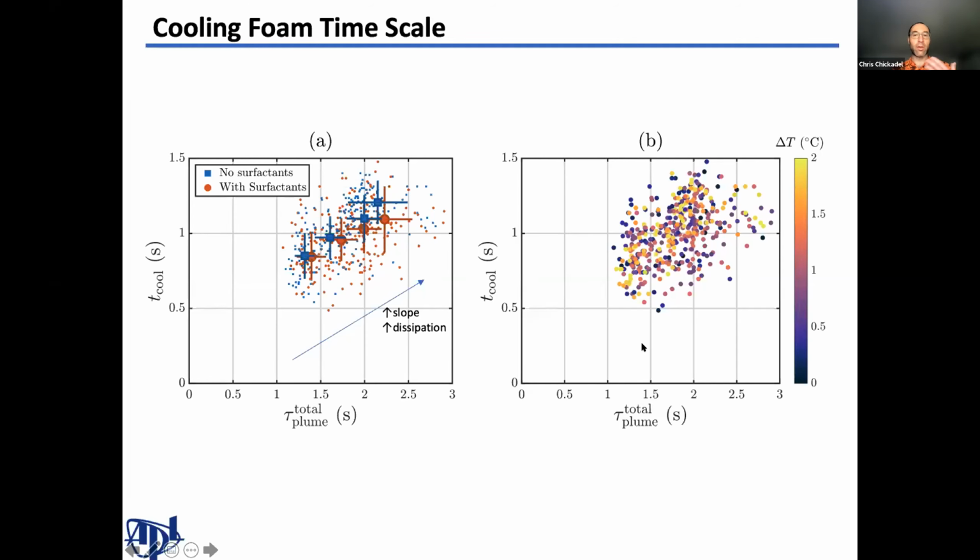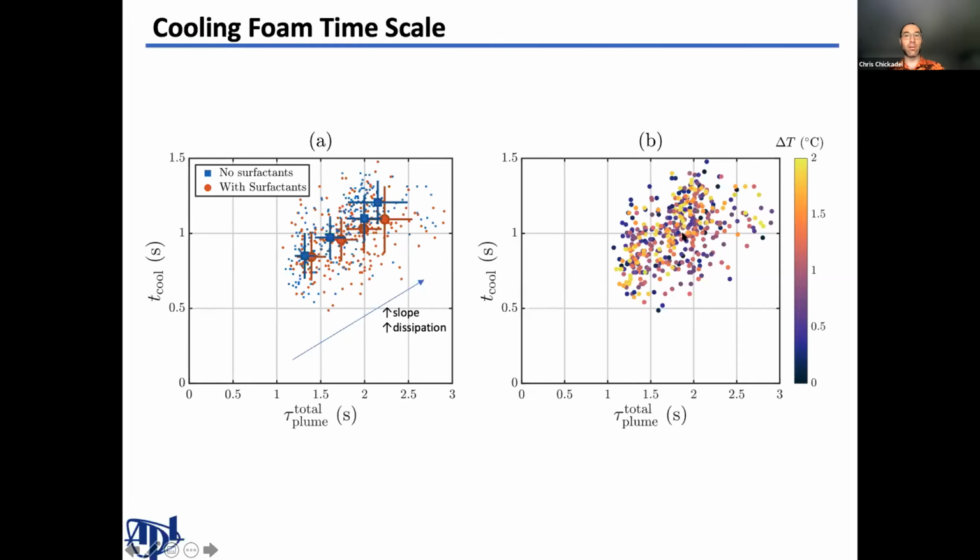And I mentioned before that we did vary the air-water temperature difference, which is a modest way to influence the air-sea heat flux. This is a scatter of all this data that's shown on the left plot. On the right, it's color-coded by the air-water temperature difference, such that we had zero difference, where the air and the water are the same temperature, up to the water being 2 degrees C warmer than the air, which gives you very strong outward heat flux.